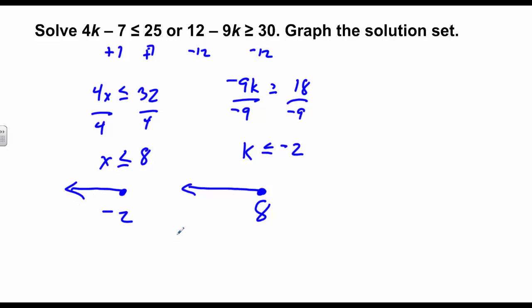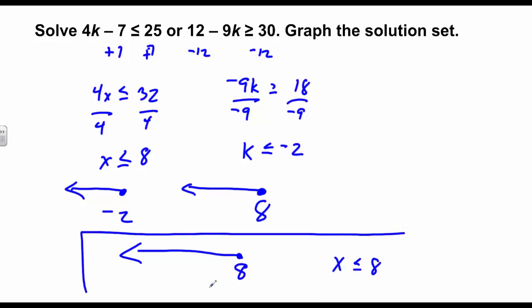If I graph everything that I see in this particular problem, I see everything from 8 going down forever. So really, I can simplify this to 8 and an arrow pointing to the left. Therefore, my algebraic solution is x is less than or equal to 8. That's kind of a unique problem.